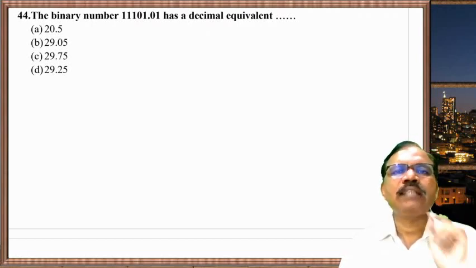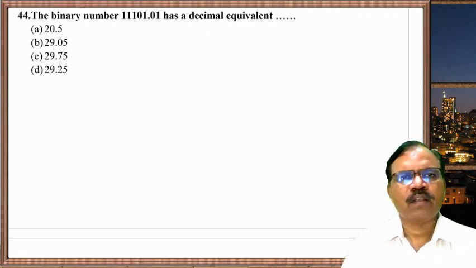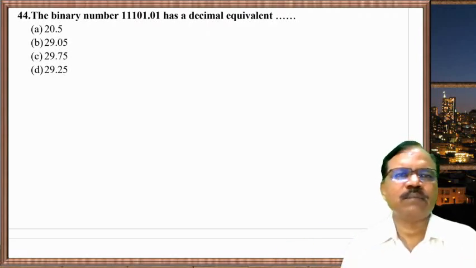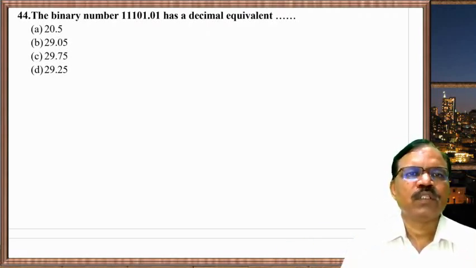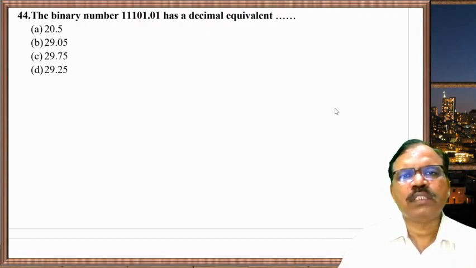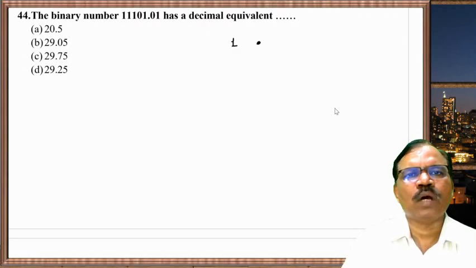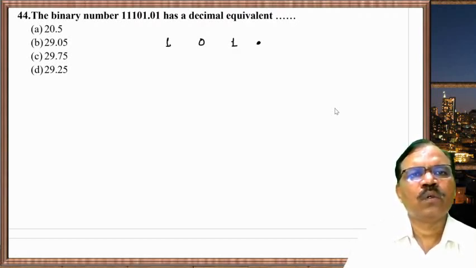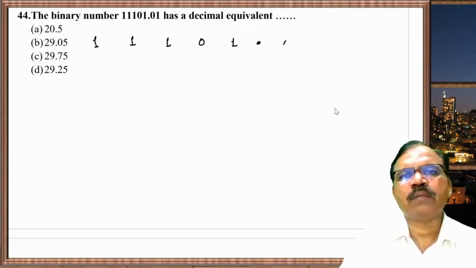1101.01 has a decimal equivalent. So we have two parts, before the decimal point and after the decimal point. Suppose here we have the decimal point, then we write the number here 1 0 1 1 1, and after the decimal point 0 1.